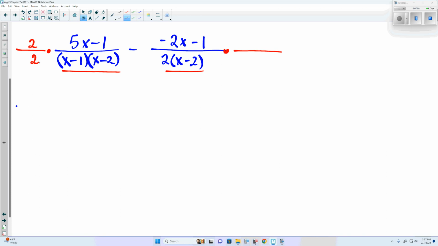Now we're going to go the other direction. What does the left side have that our right side does not? x minus 1.